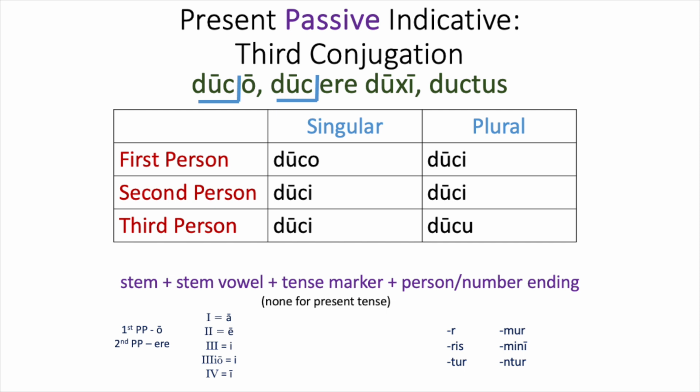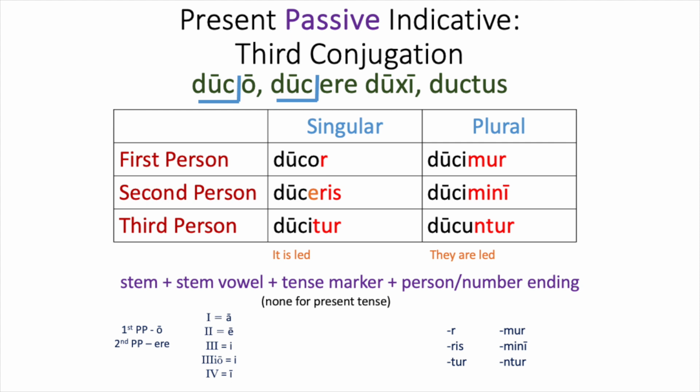Then we add our vowel. Because it is third conjugation, first person singular stays in O, second person singular is an I, a short I at that, third person singular I, first person and second person plural also the I, and then third person plural a U. And then you add on your endings, -or, -ris, -tur, -mur, -mini, -ntur.